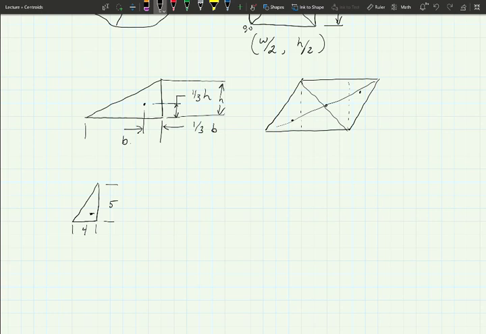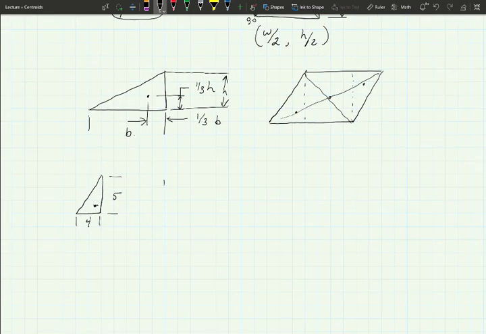Okay. And we're going to go one-third the height is equal to one-third times 5. And we're going to get an answer.